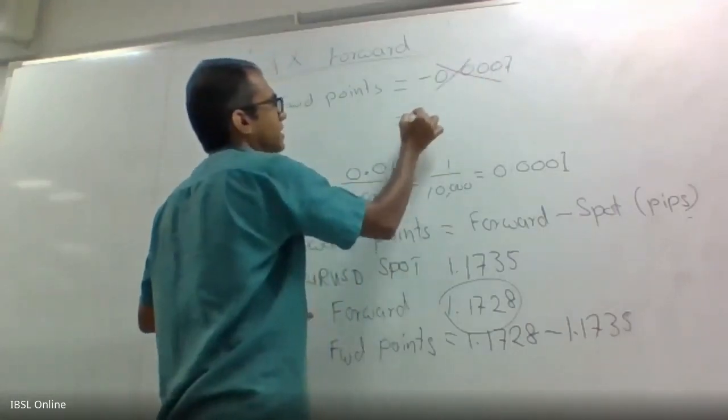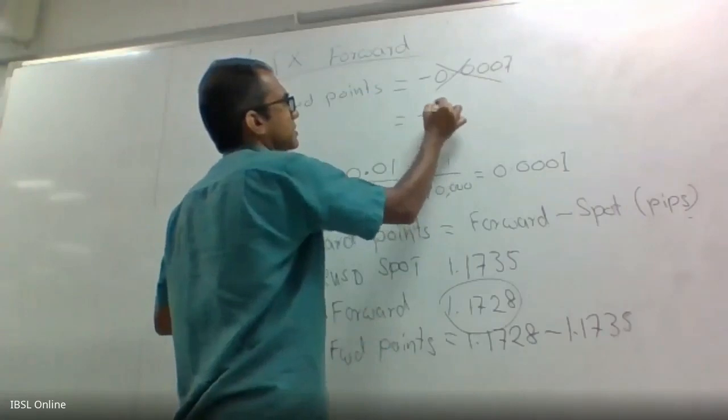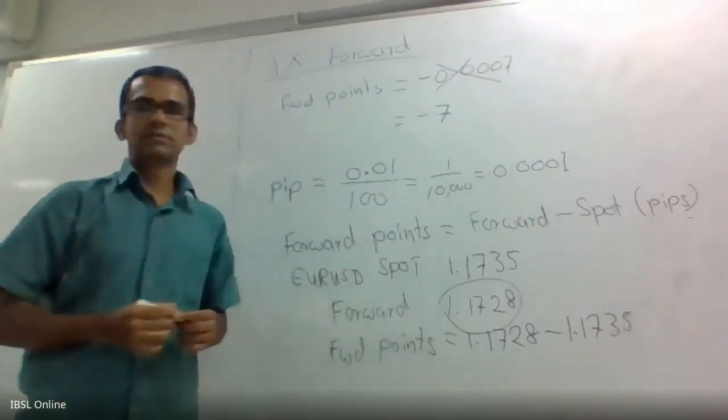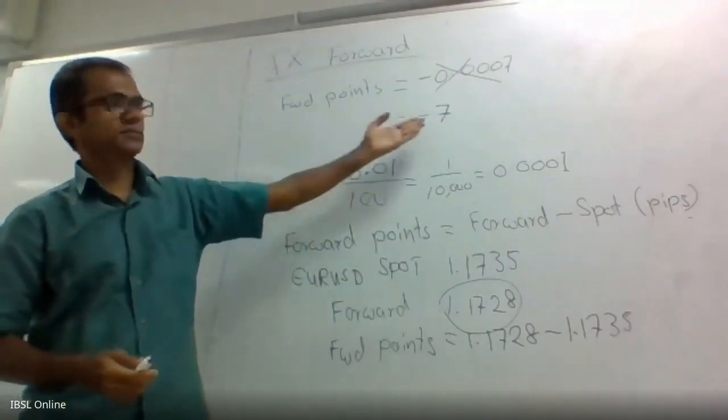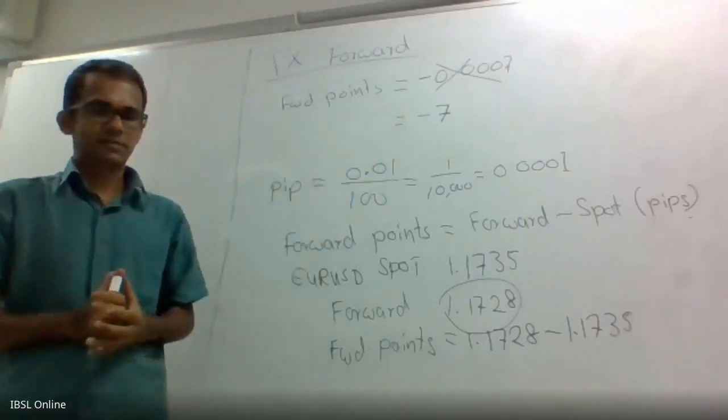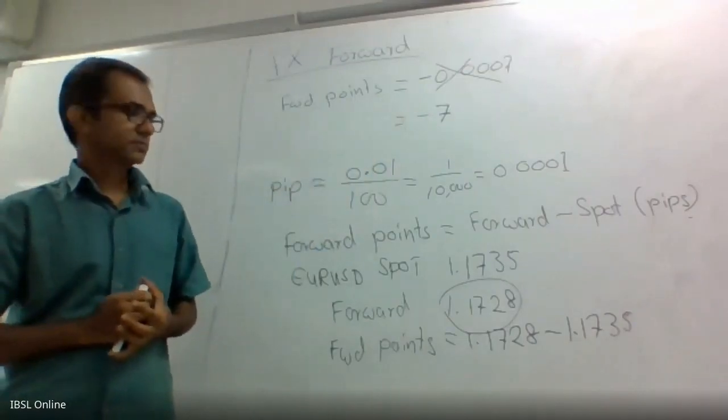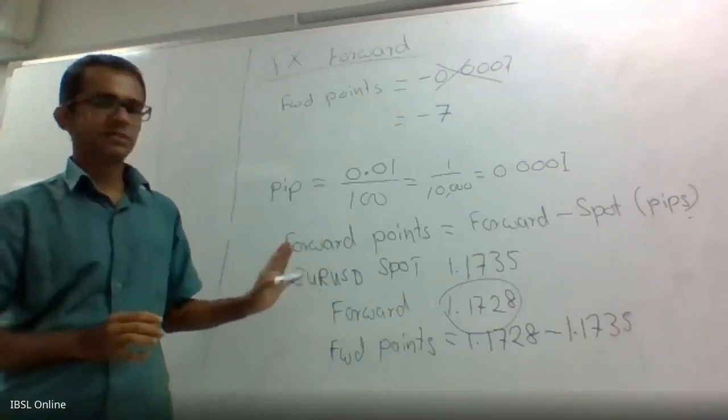Instead we write it as minus 7. So the forward points are minus 7 in this example.